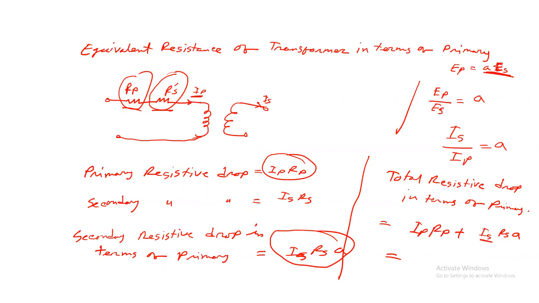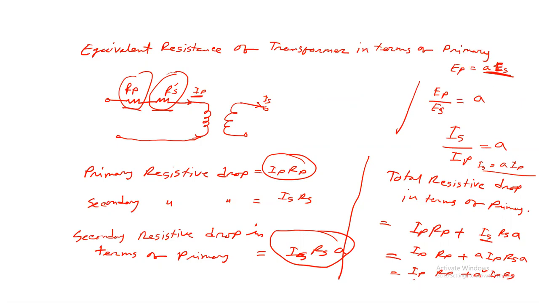You know that IS is equal to A IP. So this is IP RP plus A IP RS A, which is IP RP plus A square IP RS.